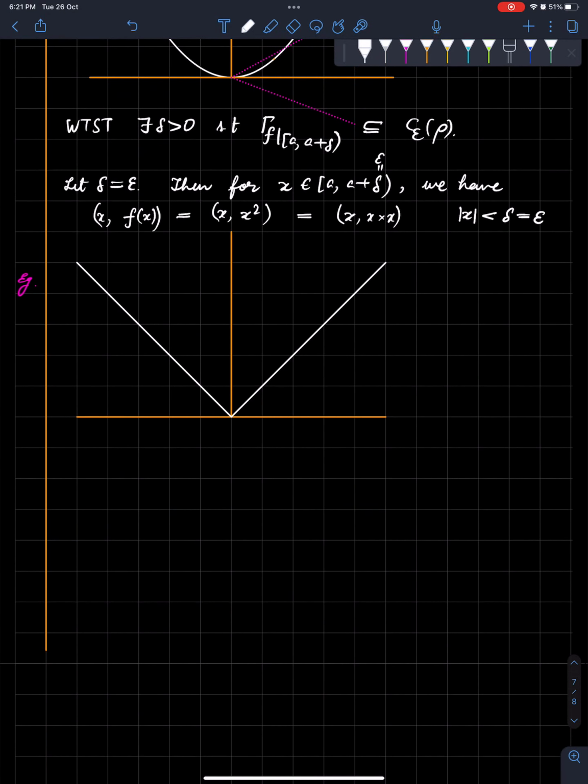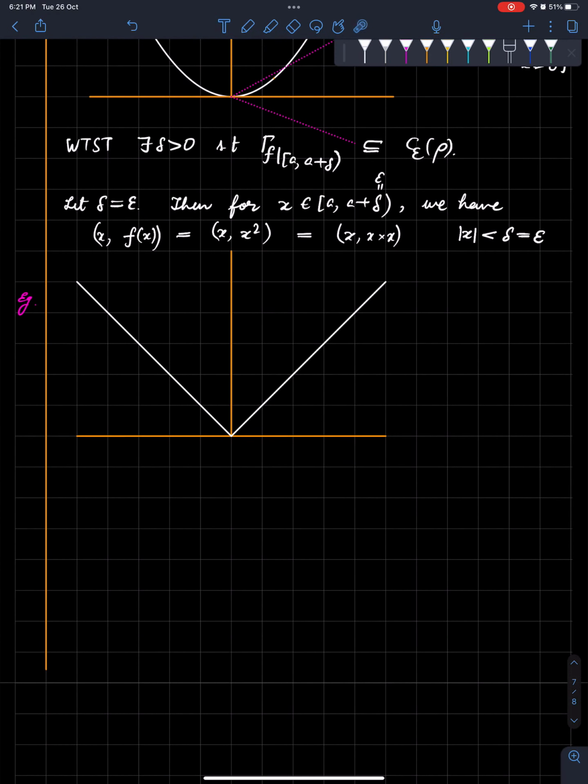Okay. Similarly, I want to show that the right tangent here exists at the origin. And this I will leave as an exercise. Basically show that the right tangent to the absolute value function, this is the absolute value function graph, x going to mod x, and the right tangent at the origin is just this line. And that's because if you choose an epsilon cone, then in fact delta, you can take whatever delta you want.